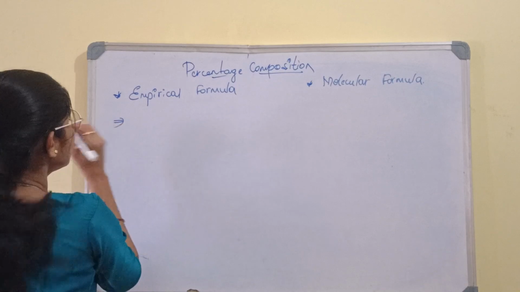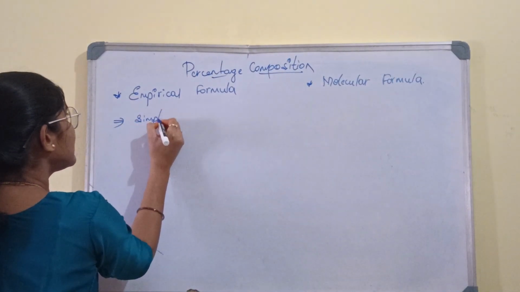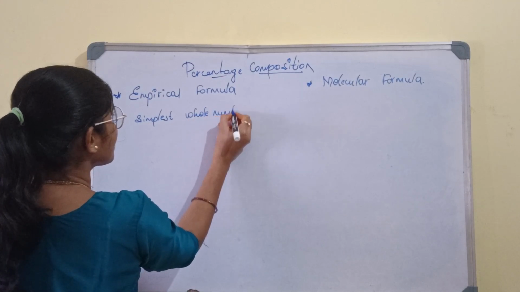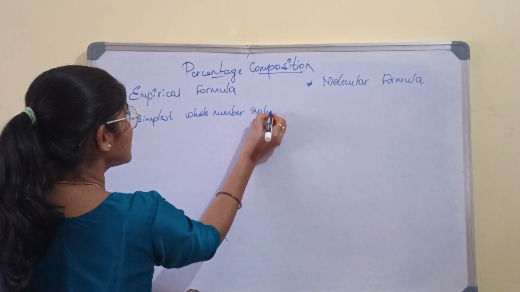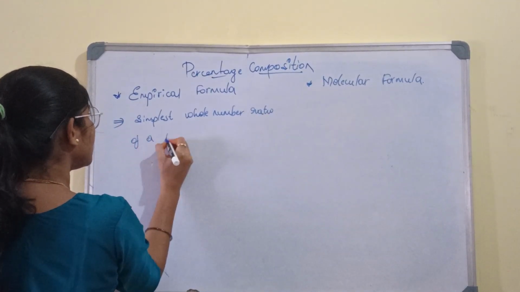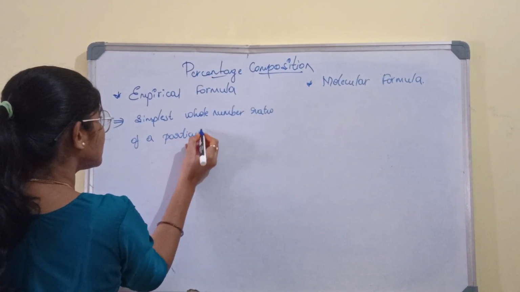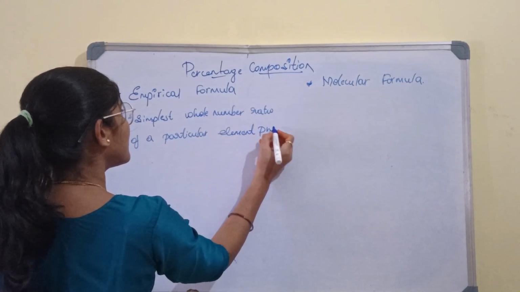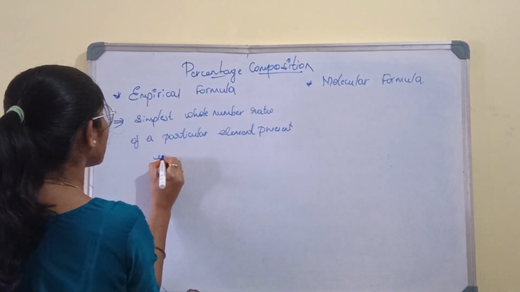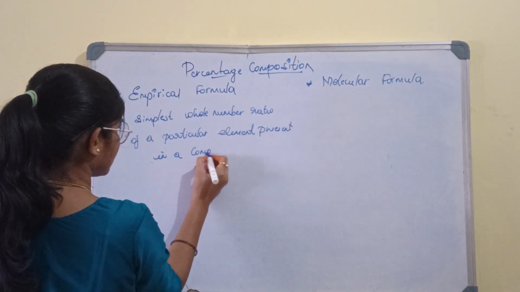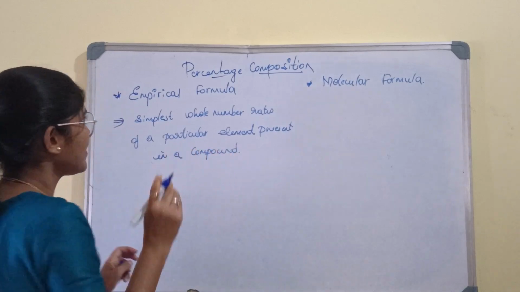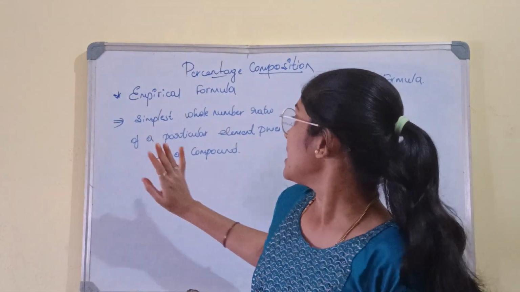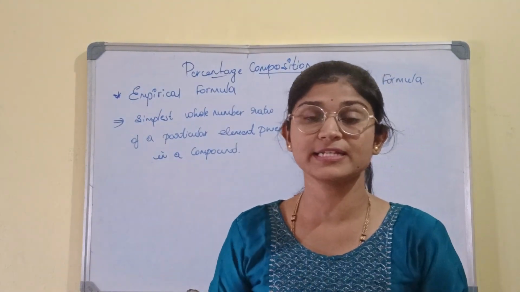It is a simplest whole number ratio of a particular element or atom present in a compound. What is empirical formula? It represents a simplest whole number ratio of a particular element present in a compound.